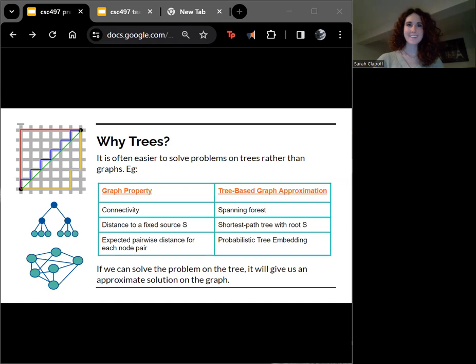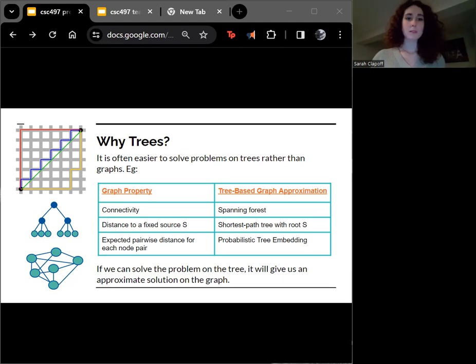So why trees? If we have a graph, often with a lot of edges and a lot of information, but we have one specific property that we want to inquire about, we can build a tree representation of that graph that will preserve that property. So for connectivity, that's a spanning forest.